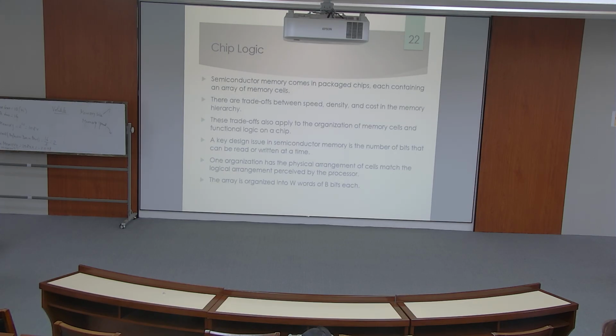Now chip logic. We have semiconductor memory, which comes in packaged chips. Each package contains an array of memory cells, where the CPU has to select 1 word out of millions of words.